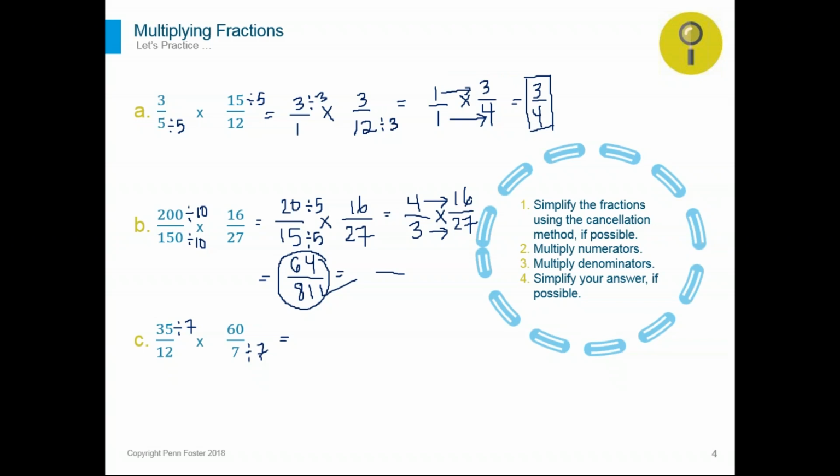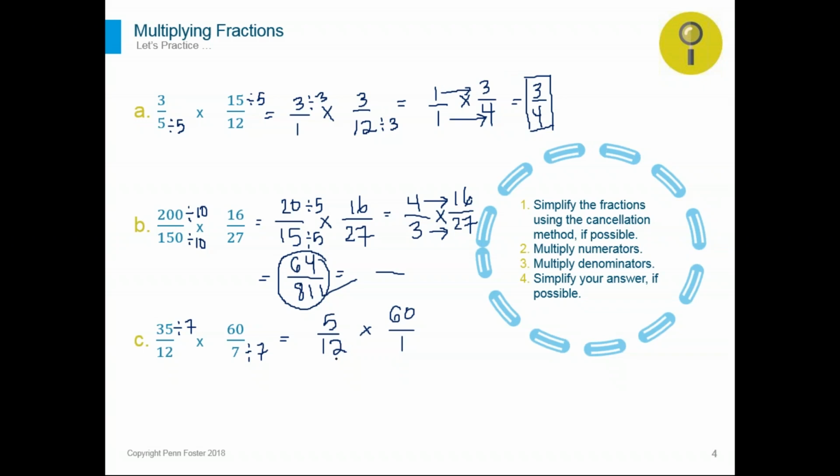So that way I'm going to eliminate any confusion or any mistakes, especially if I'm still learning how to do multiplication. So 35 over 7 will give you, of course, 5 over 12 times 60 over 1, because 7 over 7 is a 1. And then look again, 60 and 12.